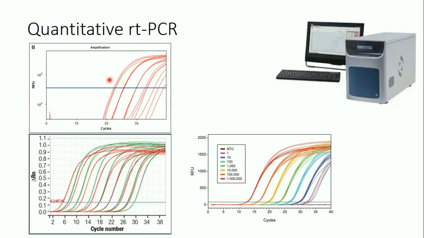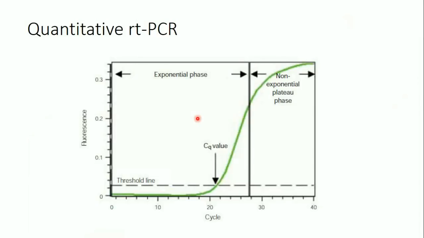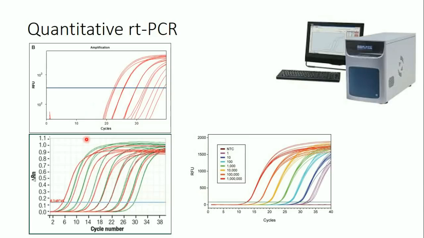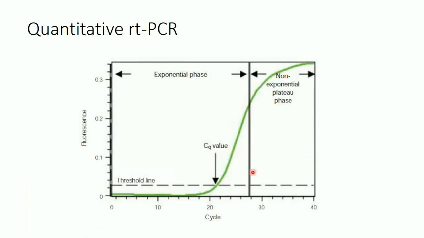Now, in all the curves you're seeing here, we have general elements. This is the fluorescence, as I told you, and these are the cycles. And this is very important: it's called the threshold line. This is the most important value because it's the CQ value or the CT value.